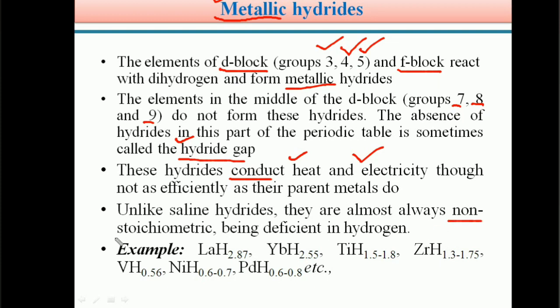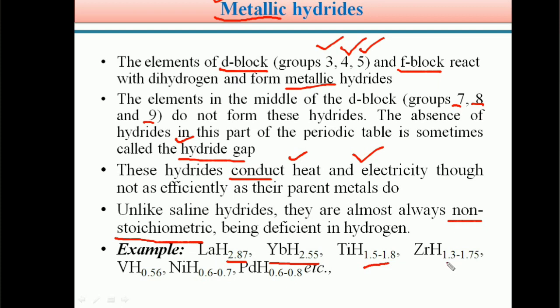For example, if you see LaH2.87, see the stoichiometry, it does not strictly follow stoichiometry. It may be H2 or H3, but it is LaH2.87, ytterbium H2.55, titanium H1.5 to 1.8.